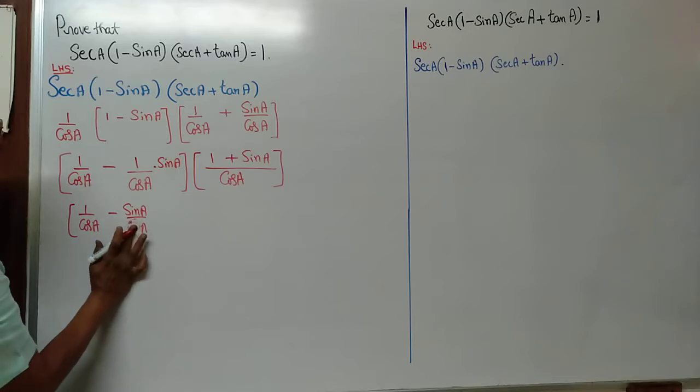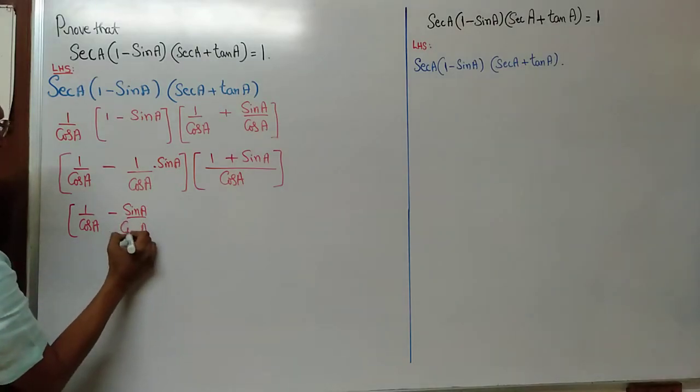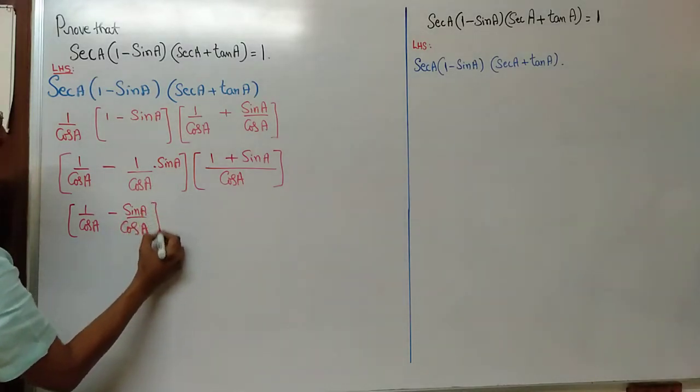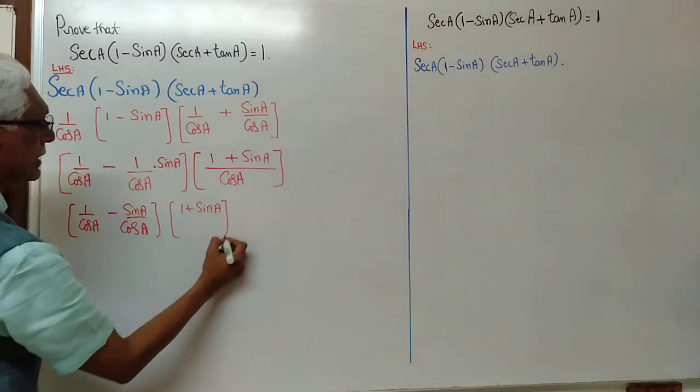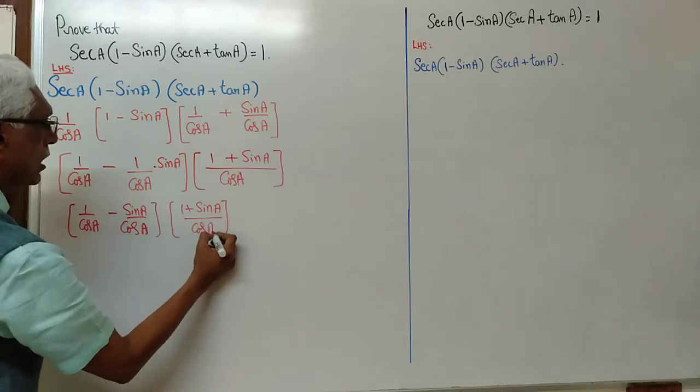This is sin A divided by cos A, correct, into 1 plus sin A divided by cos A.